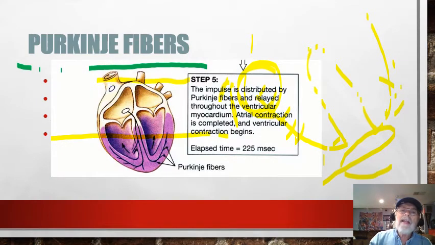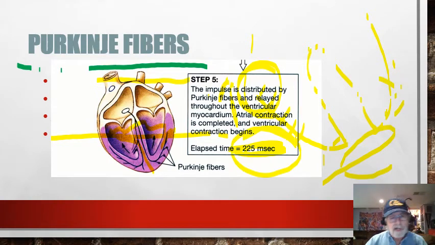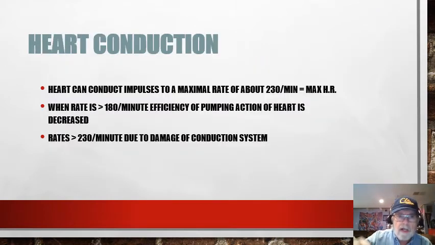So if I take that 75 milliseconds and add it all, the whole elapsed time to get to here where I'm getting this contraction of the ventricle is about 225 milliseconds. Again, don't memorize the time, but that's just an idea about the time. Now a couple things, and then we start that whole process again. After the atria contract and the ventricle contracts, I need a time for the atria to relax, to fill.